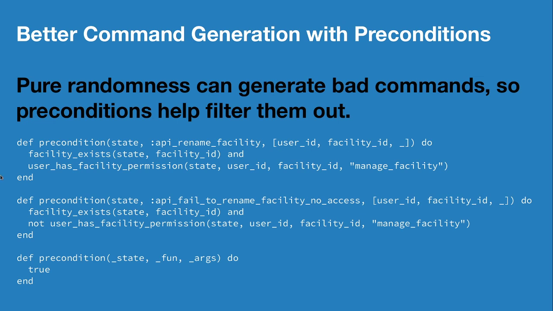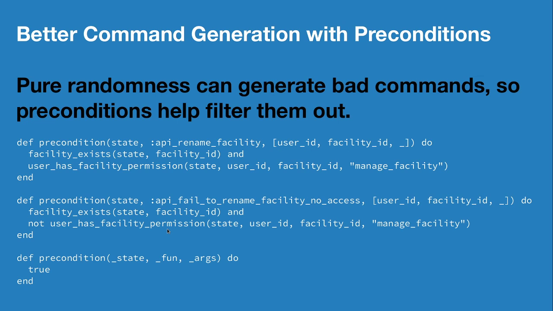You need to make sure that when you've got a condition, for example, rename facility here, this person's going to be permitted to act against the facility. For example, for this one here, API rename facility. But then the flip of that has got to be true. If you want a failure to take place, you need to make sure that they don't have permission, which is what this second precondition is here.